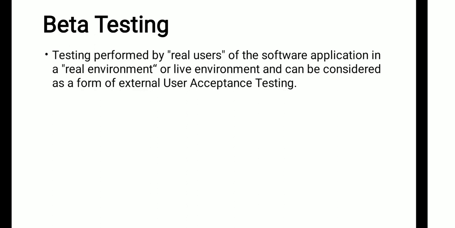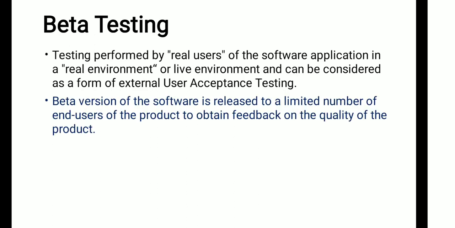Coming on to beta testing, the first point is that it is performed by real users of the software application in a real or live environment. It can be considered a form of external user acceptance testing. A beta version of the software is released to a limited number of end users of the product to obtain feedback on the quality of the product.